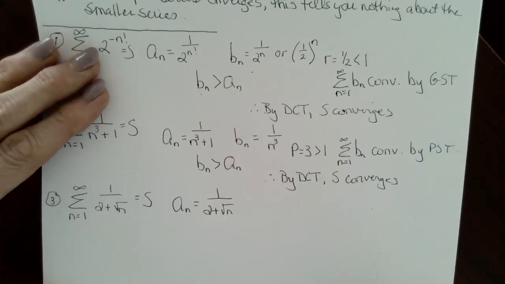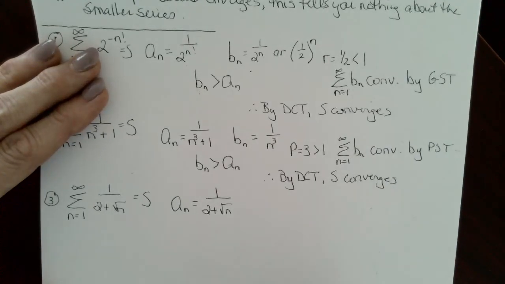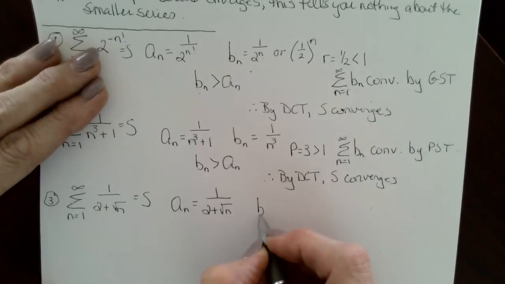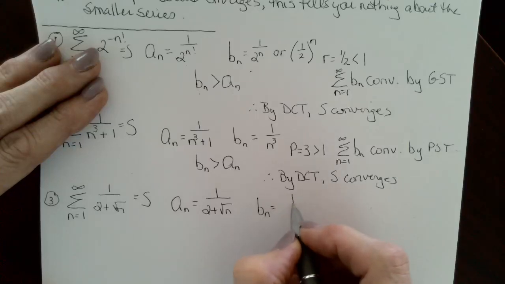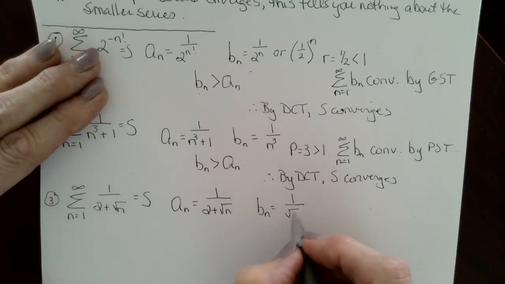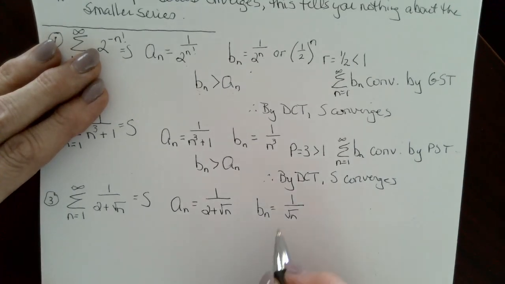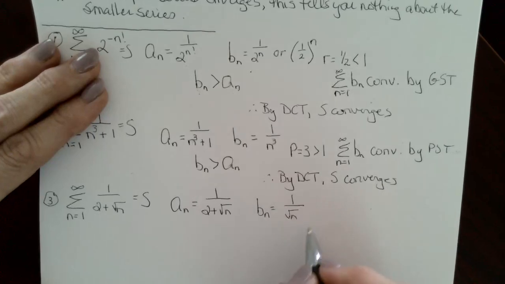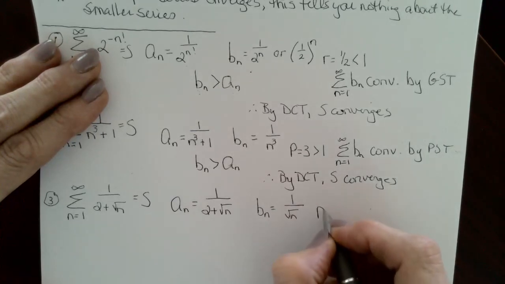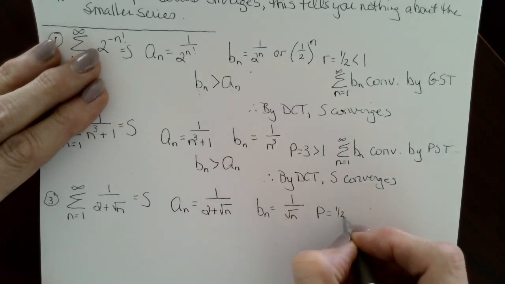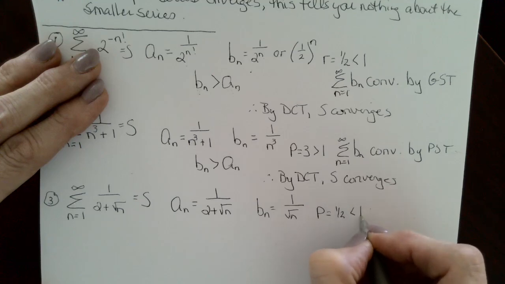That would be n to the 1/2 power, right? Mm-hmm. Well, then let's make B sub n be 1 over square root n. Okay, so P series? Yeah. So I would say P is equal to 1/2, which is less than 1.